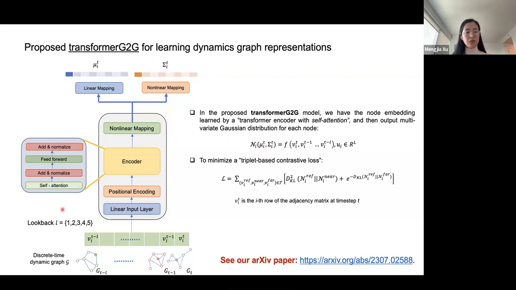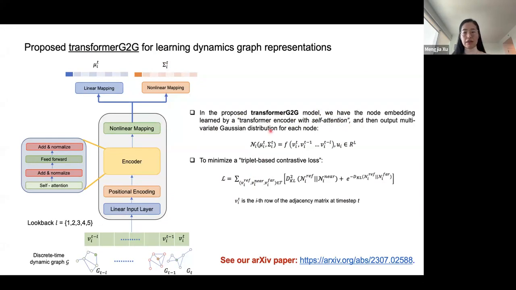This is a very simple improvement. In the proposed TransformerG2G model, we have the node embedding learned by a transformer encoder with self-attention. So in this work, we want to use the self-attention mechanism to capture the dependency with the previous multiple time steps.